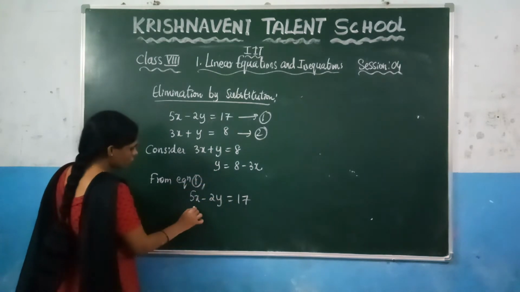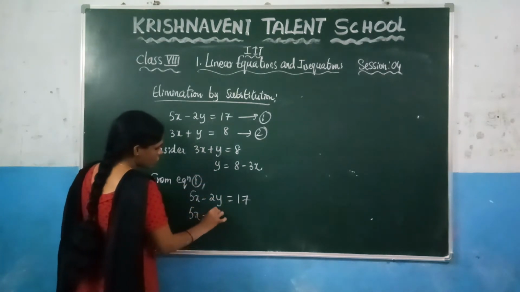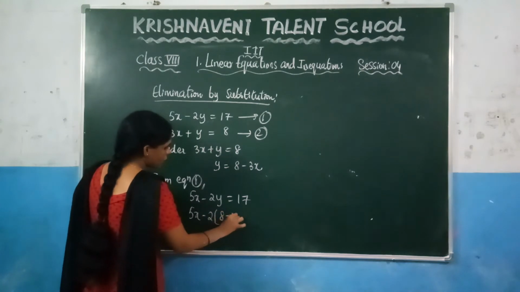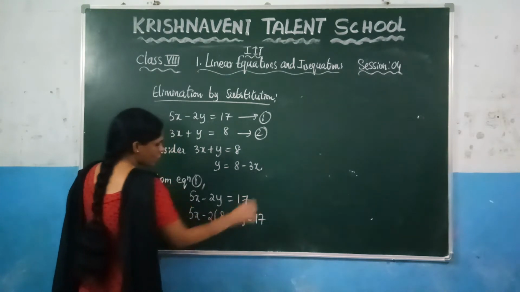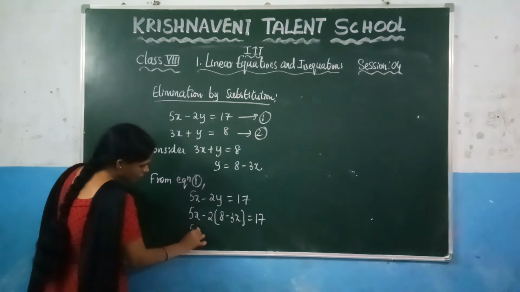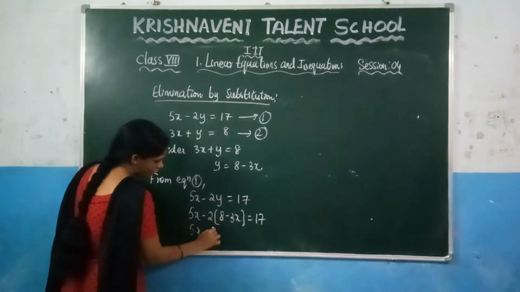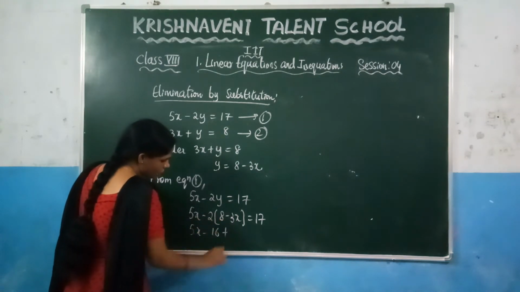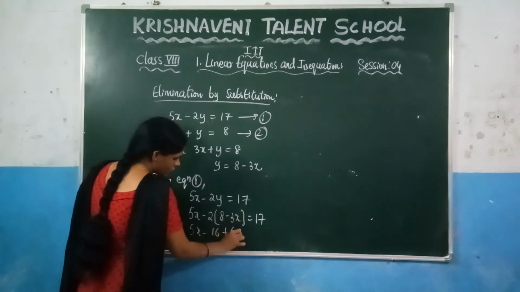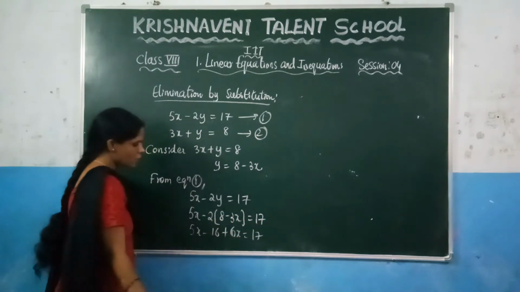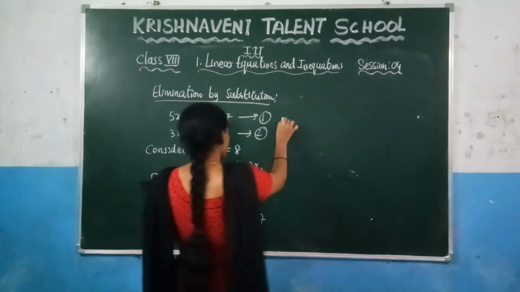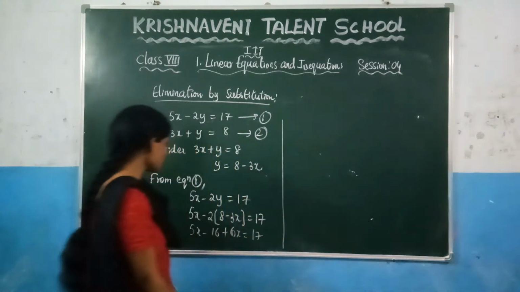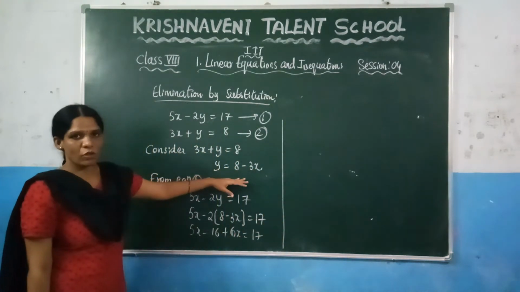So substitute it, what do you get here? 5x minus 2 into (8 minus 3x) is equal to 17. So what do you get here? 5x minus 16, minus into minus plus, 3 into 2, which is 6x, is equal to 17. Just we have substituted the value of y here.